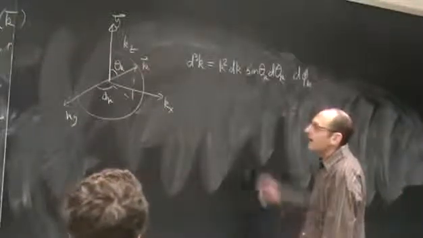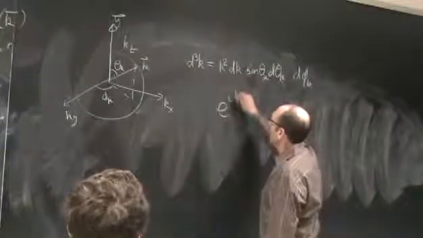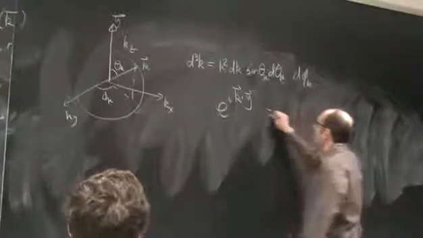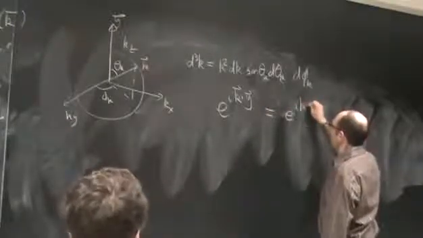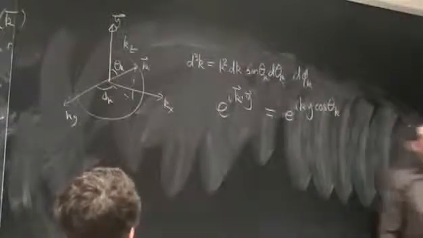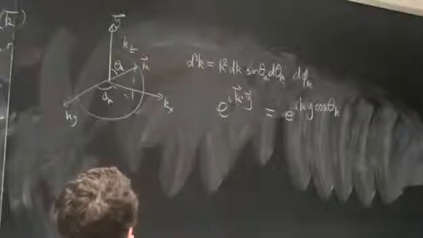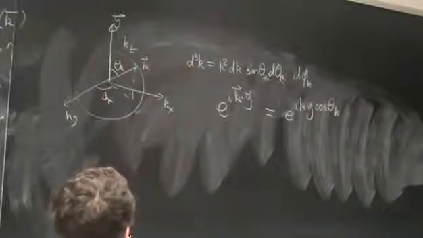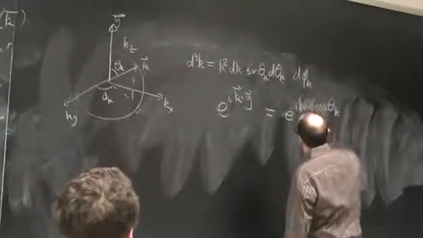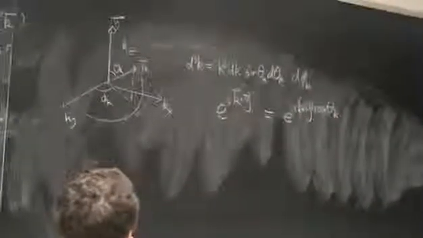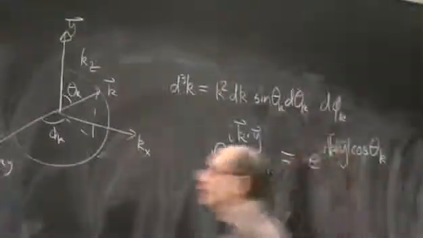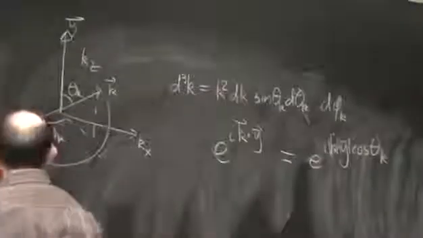And we have to integrate the function e to the i k dot y over k squared. This is equal to k y times the cosine of the angle between them, where y is the magnitude of y and k is the magnitude of k.